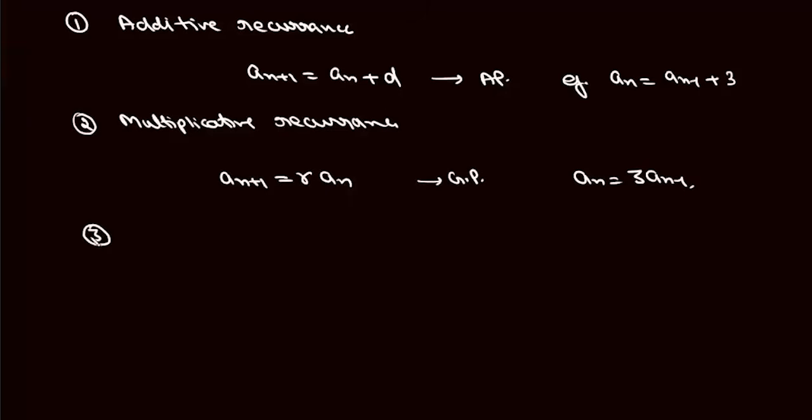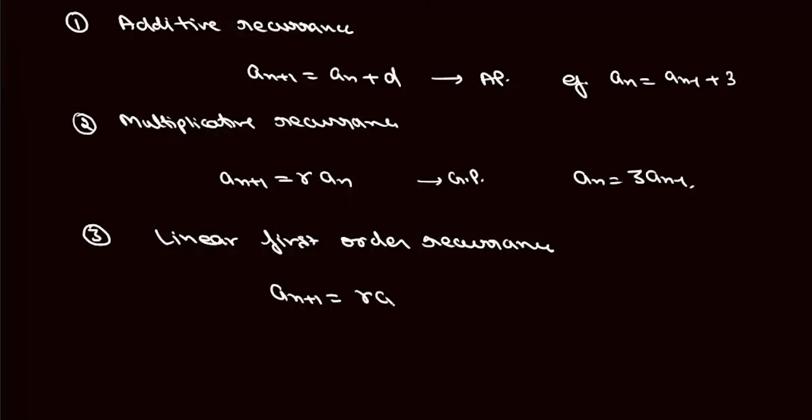Now this third type is linear first order recurrence. Here a_(n+1) will be expressed as some r a_n plus c. Now these linear first order recurrences are not GP, but they can be transformed into a GP.